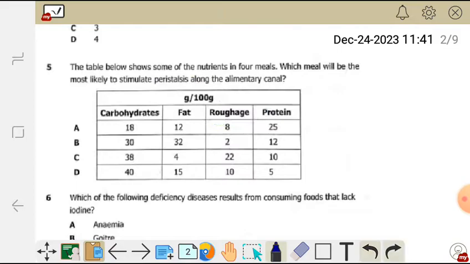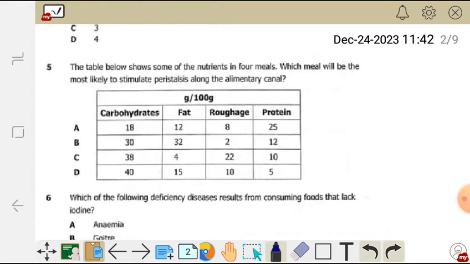Okay, most of these nutrients, we have fibers there. So fibers also are part of the roughage which also stimulates the peristalsis. And peristalsis here is simply the contraction and relaxation of longitudinal and circular muscles of the alimentary canal which facilitate the movement of food from the mouth to the anus.